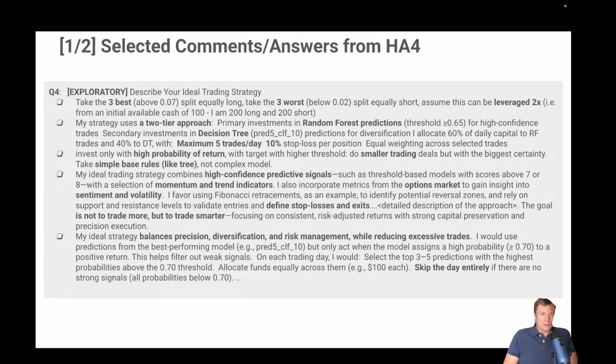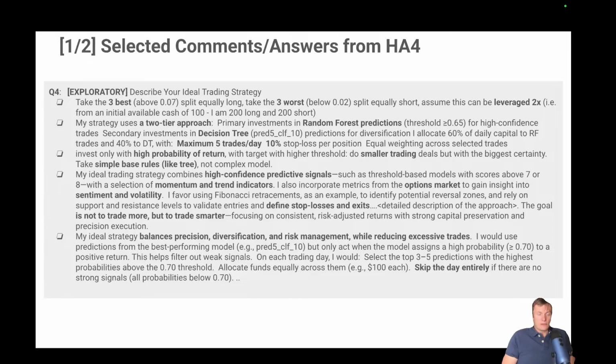And then many of you understand that when you're moving thresholds higher, you want to focus on a higher probability of return, and you want to do smaller trading just to limit losses if things don't go well, and use simple base rules like trees, because we want explainability in the trading that we make.